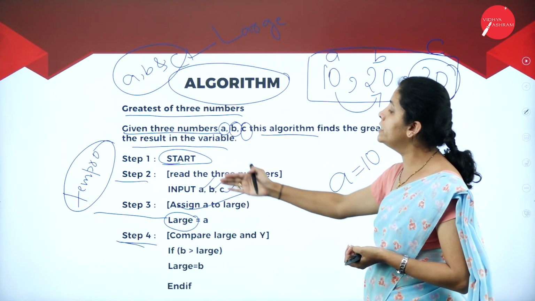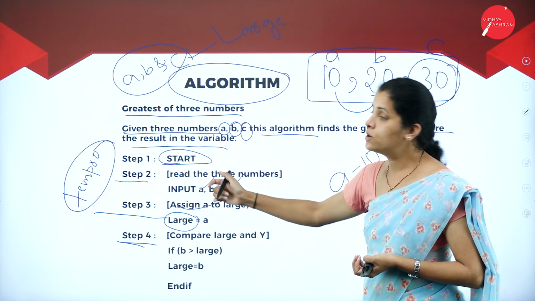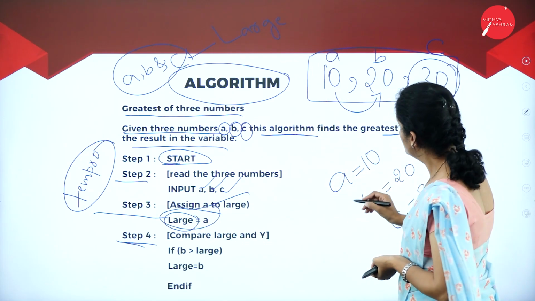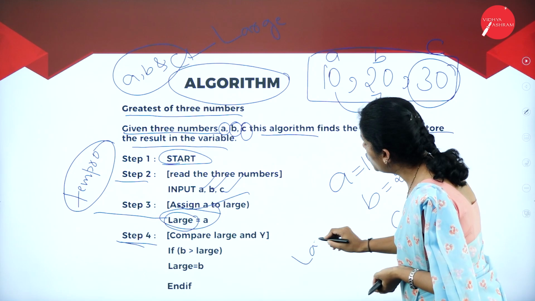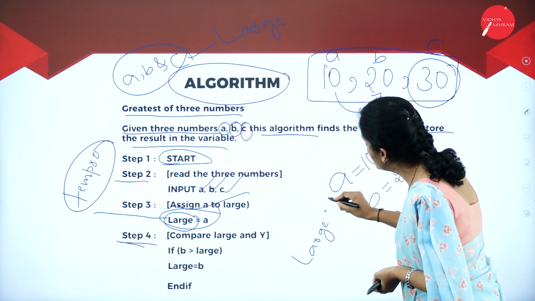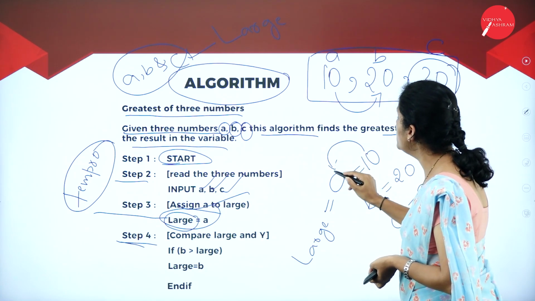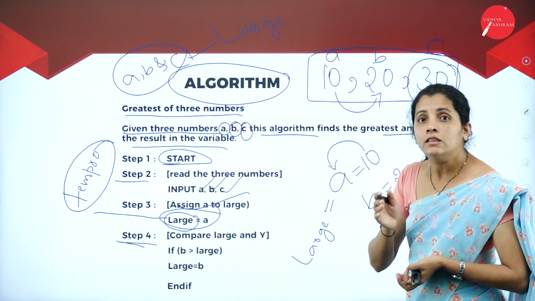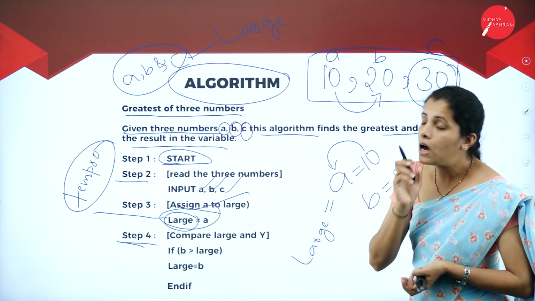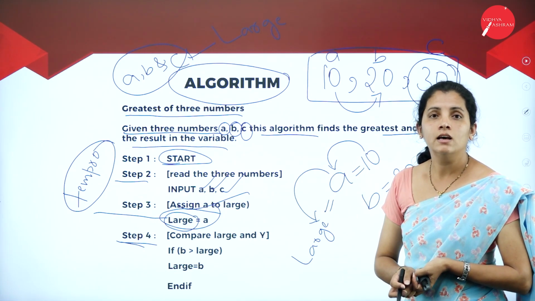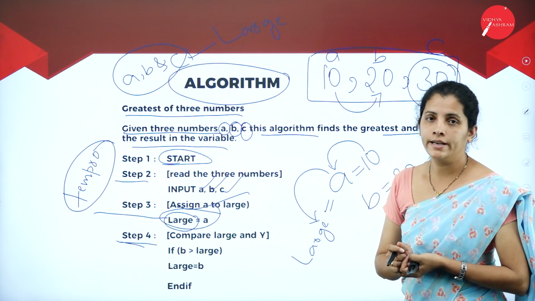According to the sequence of steps I have written here, large equal to A. So if A holds the value 10, then the variable large holds the value of A. That is nothing but large value is 10.